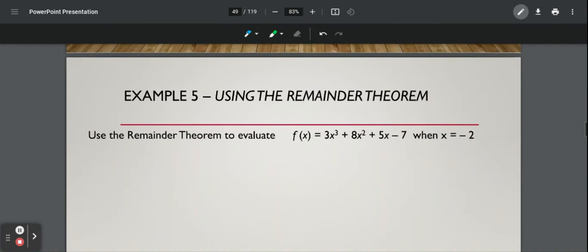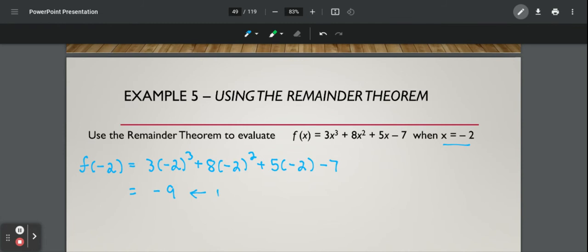So here in this first example, where it says use the remainder theorem to evaluate this function, what we're going to do is, if x equals -2, then f of -2 would be 3 times -2 cubed plus 8 times -2 squared plus 5 times -2 minus 7. And if you were to calculate that out, you get -9.